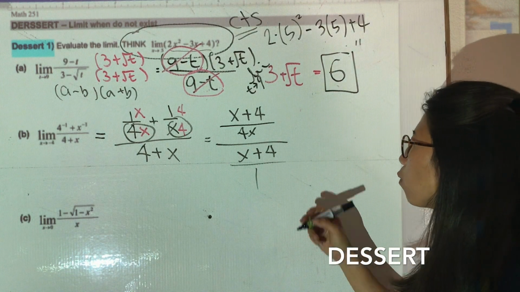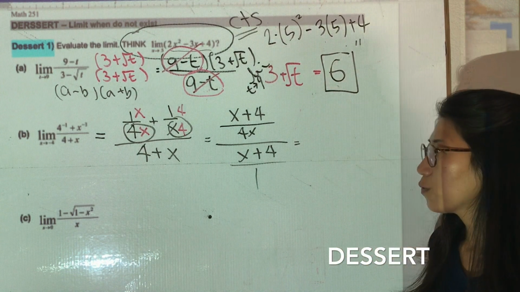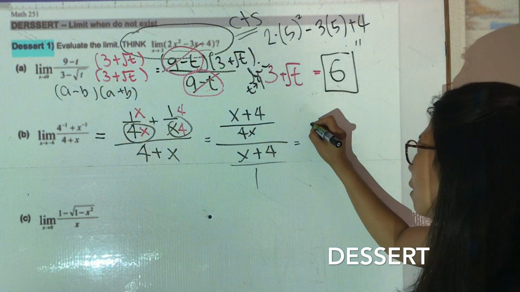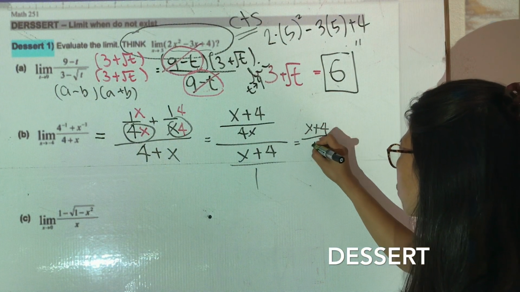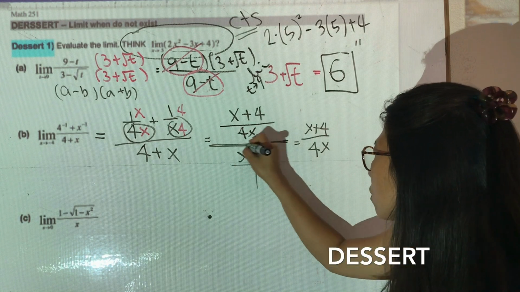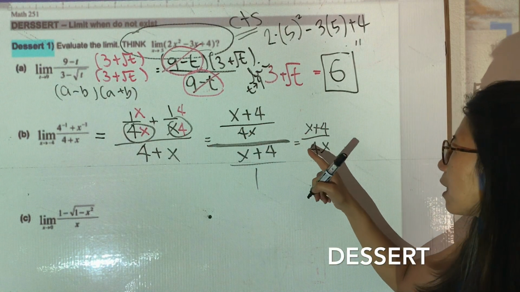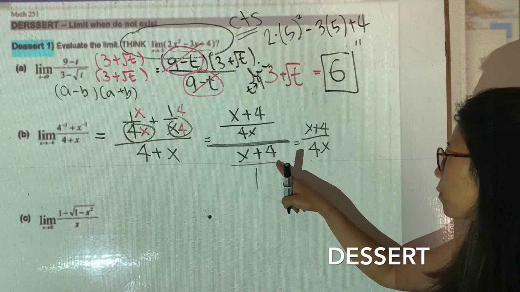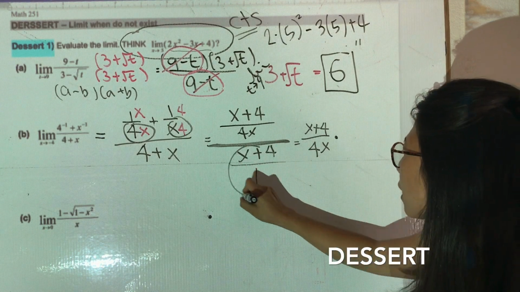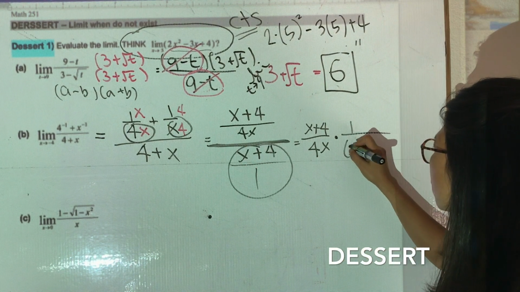That means an over 1. You know, I forgot the expression. It's okay. Just think about what your elementary teacher taught you. What does that mean? Divide by x plus 4 means multiply by the reciprocal.